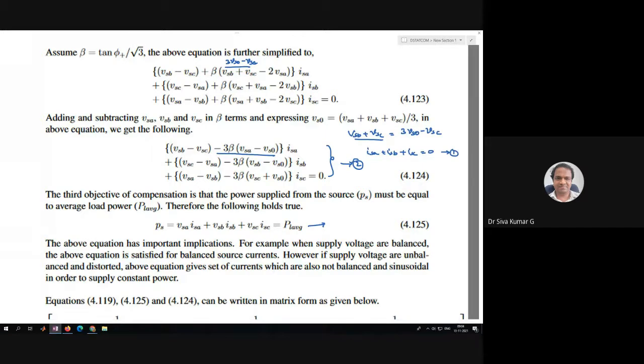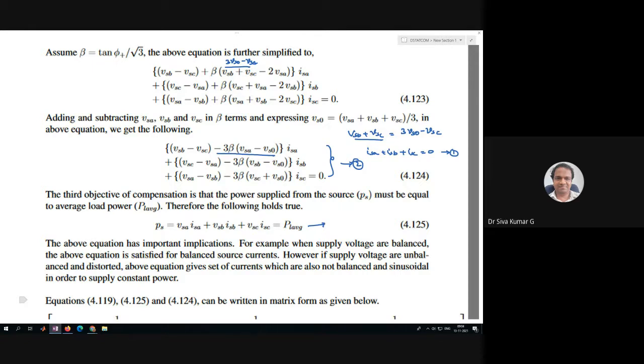Here, what they are saying about this equation is, if we have a balanced supply, then we get a balanced source current also. If the supply voltages are unbalanced and distorted, then the above equation gives a set of currents which are unbalanced and sinusoidal in order to supply a constant power.